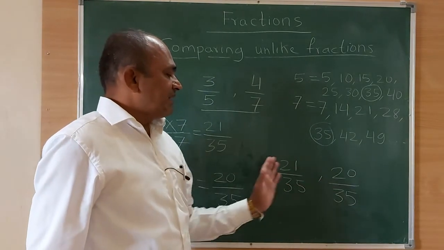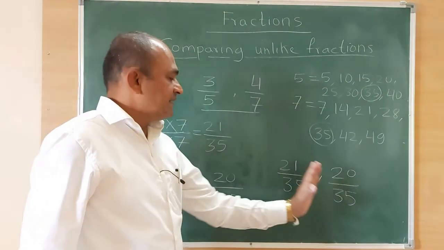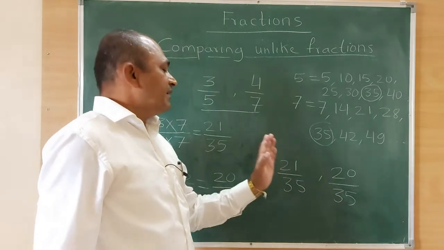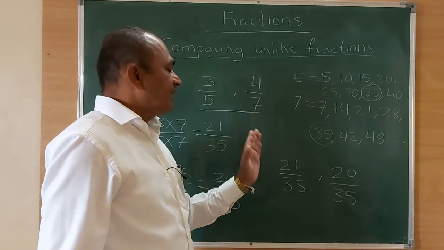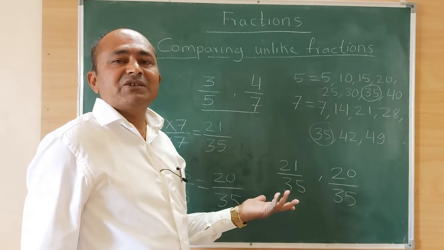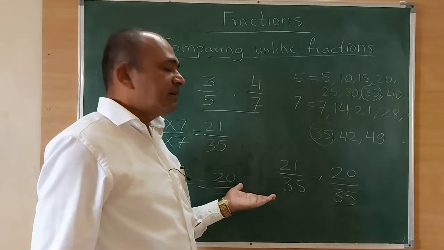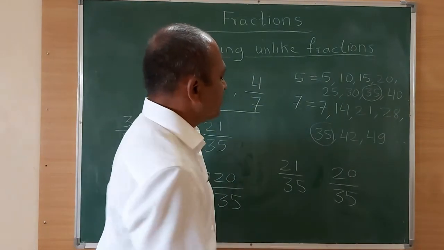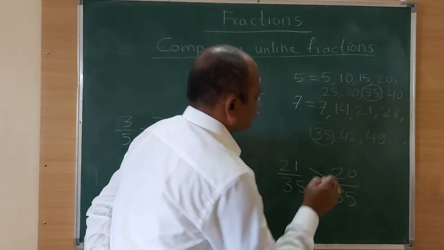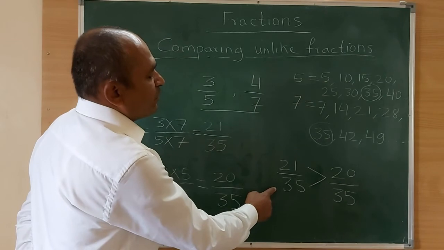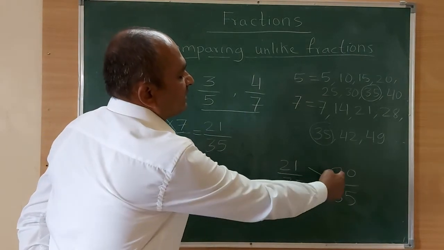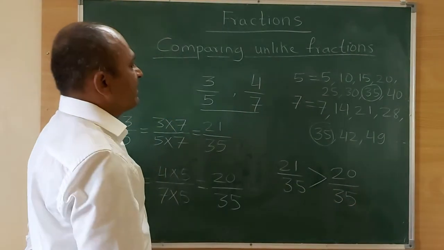So when the fractions are like fractions, that is their denominators are same, the fraction with the greater numerator is the greater fraction. So which is the greater fraction here? 21 upon 35 is greater than 20 upon 35.